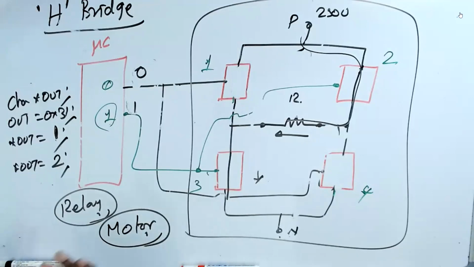You know motors called DC motor, AC motor, stepper motor, servo motor, brushless motors, everything. We will discuss them in the coming days. The coming session we will discuss one motor, a DC motor.